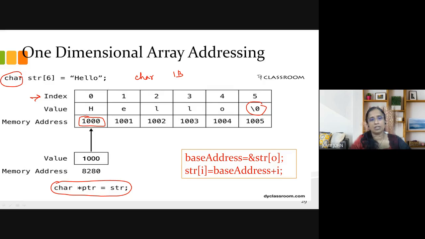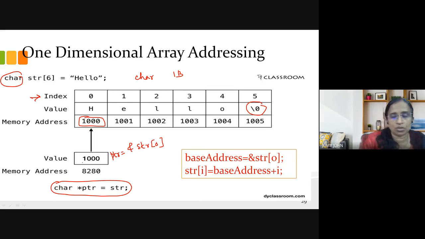The value of str is 1000. So ptr contains 1000. The address of ptr is 8280. Its value will be 1000. ptr contains the address of str, which means the address of str[0]. What is the address of str[0]? It is 1000. So in ptr we are storing 1000. This is the pointer notation.